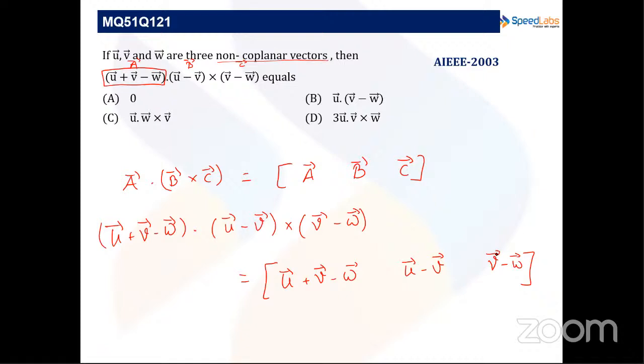We can apply row operations and column operations, that is, two rows can be subtracted, for example R1 becomes R1 minus R2, and this is not going to change the value of the determinant.